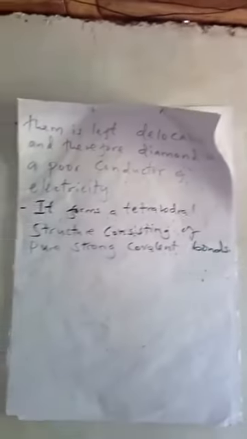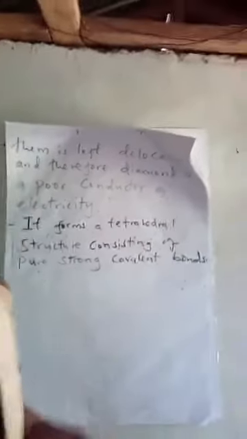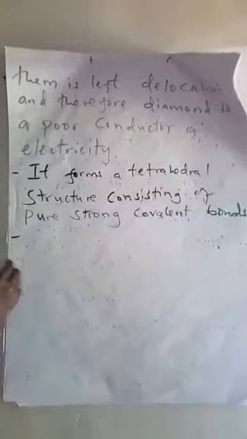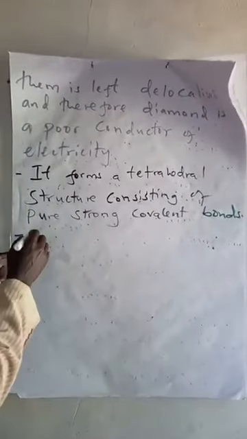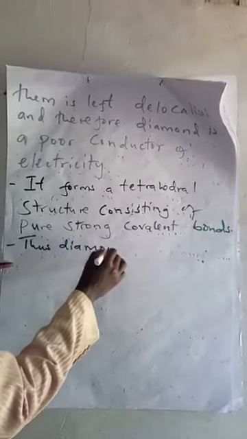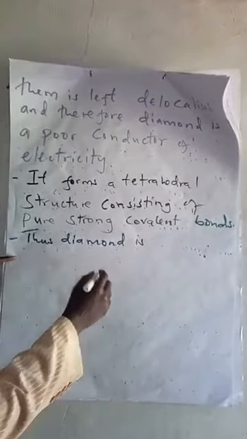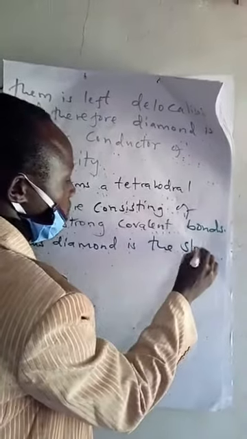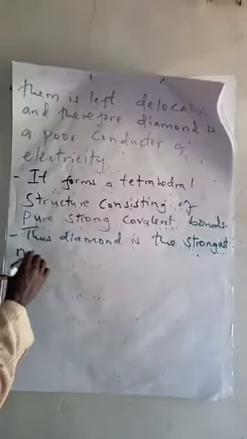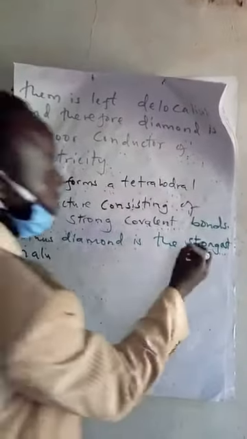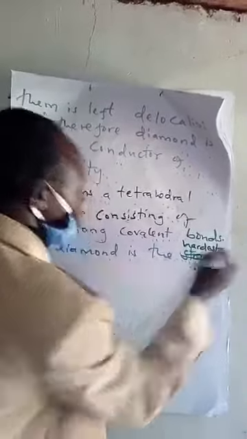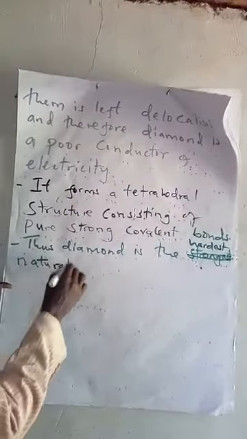So because it consists of pure, strong, covalent bonds, thus diamond is the hardest natural substance.